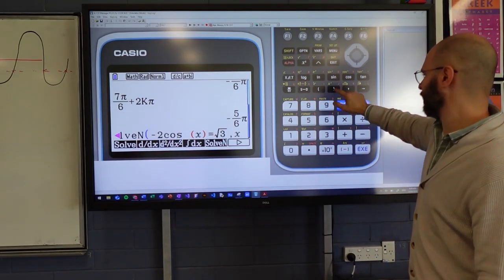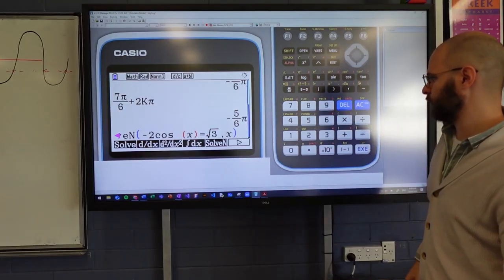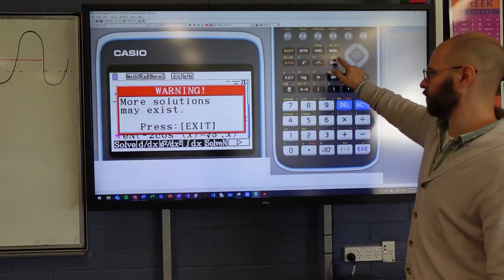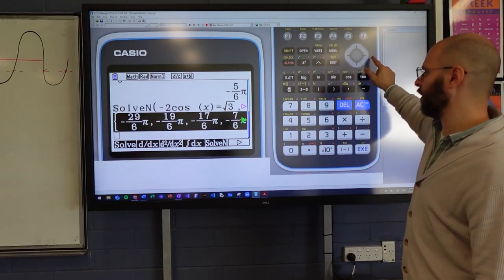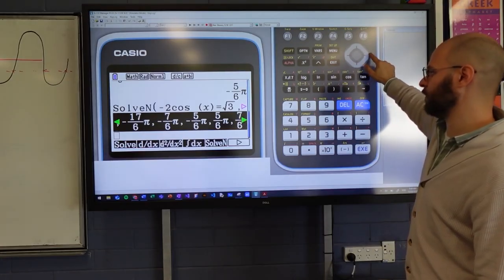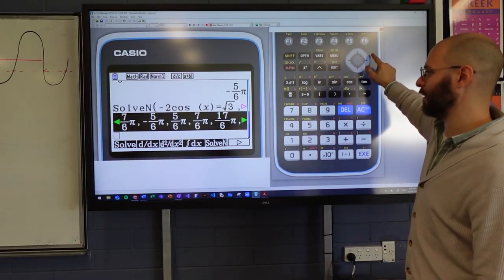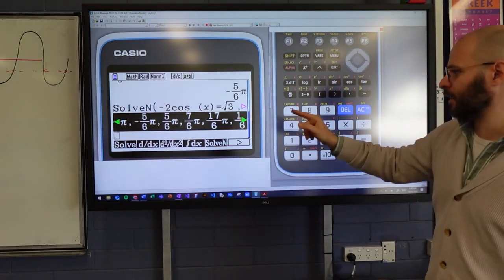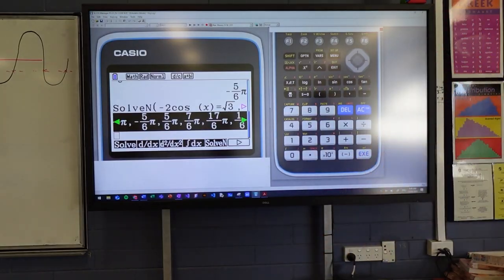Solve for x, please. Go. Multiple solutions exist, indeed. However, you scroll across and you find the ones that are within your domain. That can be used to verify.